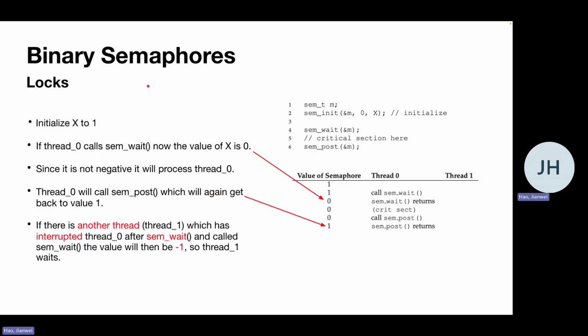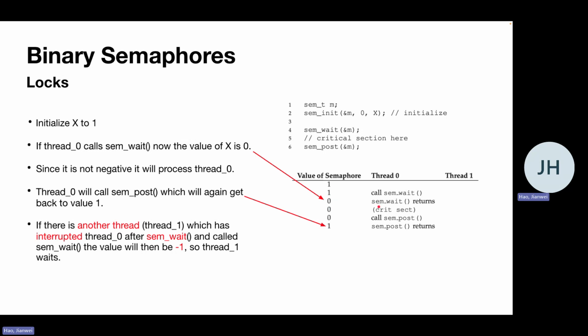So for binary semaphore locks, we initialize the semaphore value to 1. If the thread, thread 0, calls the wait function, it will decrease the semaphore value by 1. So it becomes 0 now.